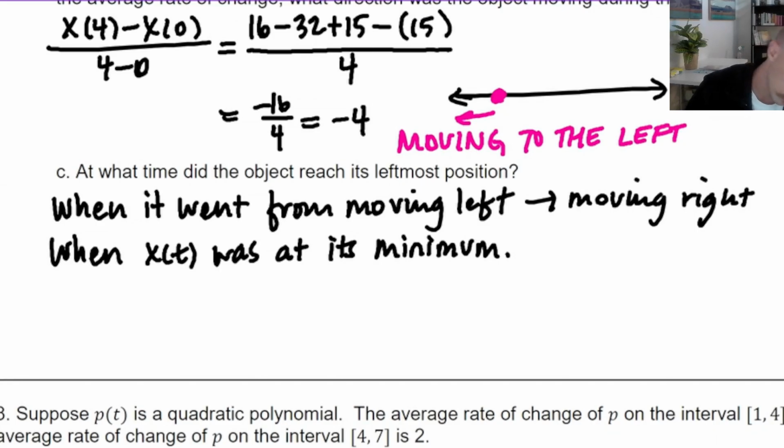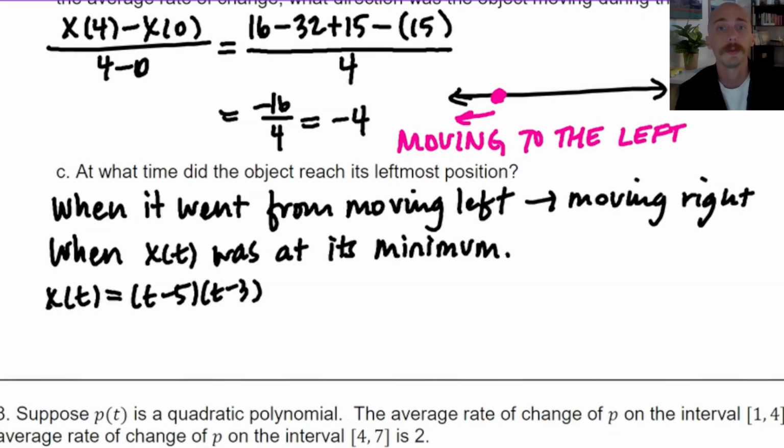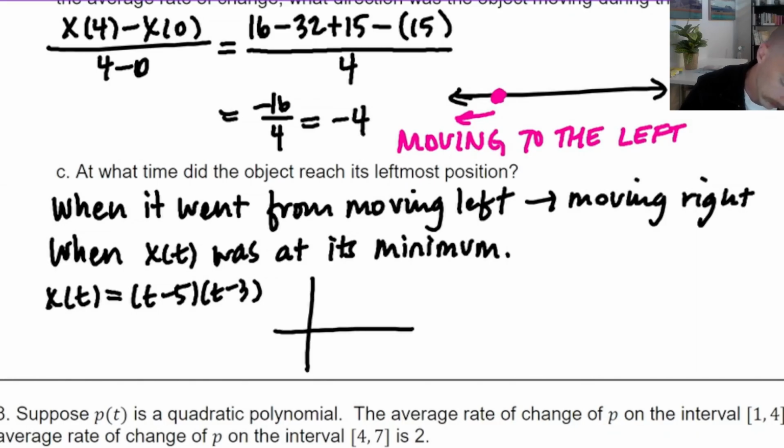So I'm going to just remind you that x of t equals (t minus 5) multiplied by (t minus 3). If you factor it, I think this is going to be the easiest way to see where the minimum occurs. If I graph, okay, this is going to be the graph of x versus t, but the zeros would be over here at 3 and 5, right?